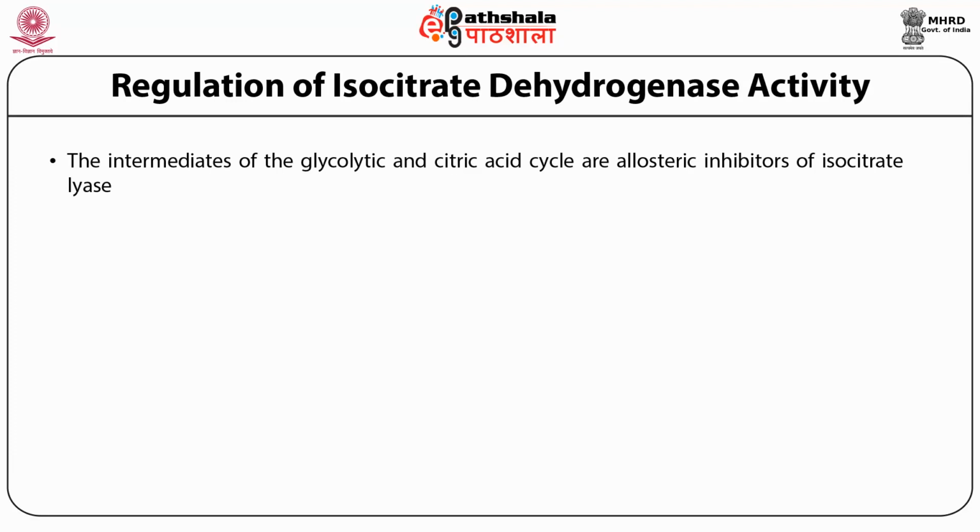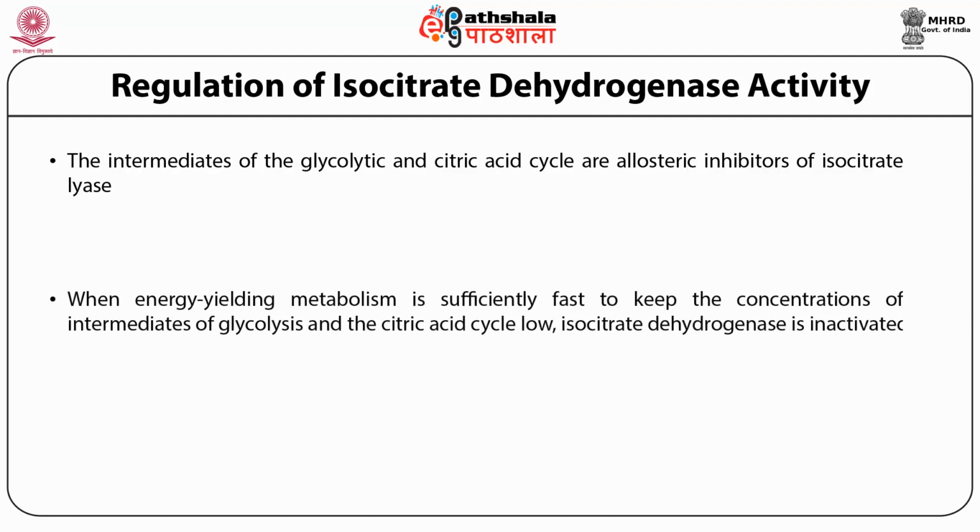The intermediates of glycolysis and the citric acid cycle that lead to activation of isocitrate dehydrogenase are allosteric inhibitors of isocitrate lyase. When energy-yielding metabolism is sufficiently fast to keep the concentration of intermediates of glycolysis and the citric acid cycle low, isocitrate dehydrogenase is inactivated.